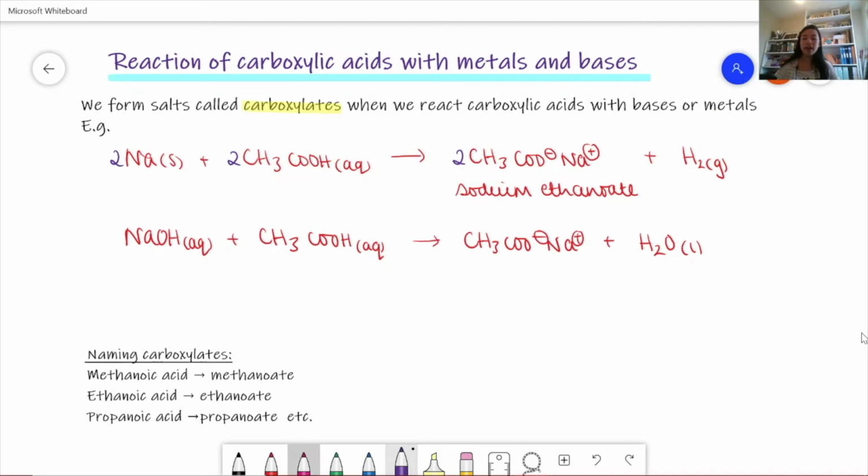And finally, the next example I'm going to do is with sodium carbonate. So we have sodium carbonate, which is also a base, and so it reacts the same way. So we have the ethanoic acid, and this goes to form, again, the sodium ethanoate.